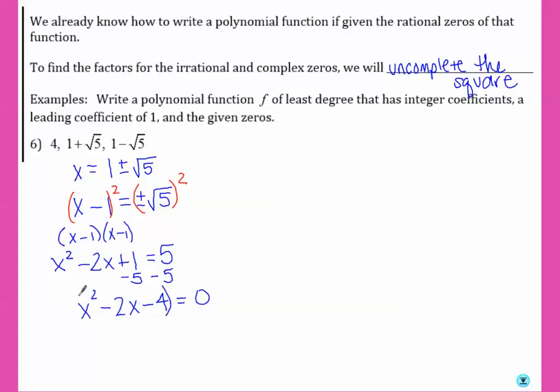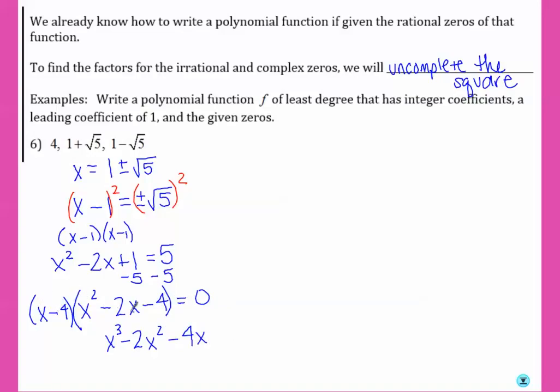Then we need to take that polynomial and multiply it with the factor that we would have if we have a root of 4. If our root is 4, we know our factor is x minus 4. And now we're going to multiply this all out. x times x squared is x cubed. x times negative 2x is negative 2x squared. x times negative 4 is negative 4x.